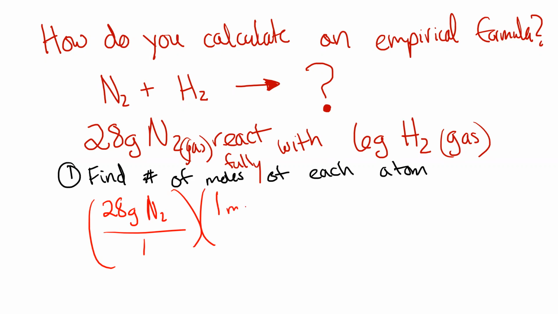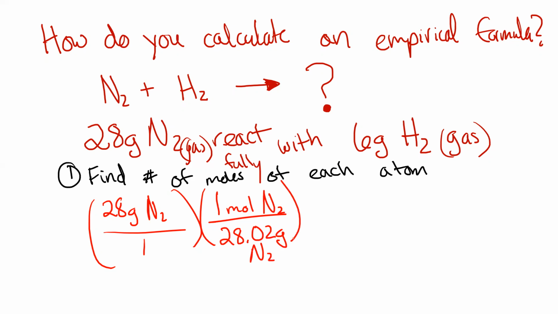It's going to be 1 mole. We're going to invert it, flip it. How many grams are there per 1 mole of N2? What's the atomic mass of N2? How many AMU is in 1 molecule of N2? Not quite. It's 28. 14.01 is the mass of 1 atom. N2 is 2 atoms. So you've got to double it to give you 28.02 grams of N2 to 1 mole of N2.